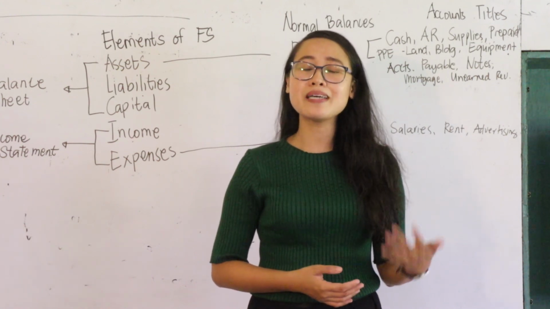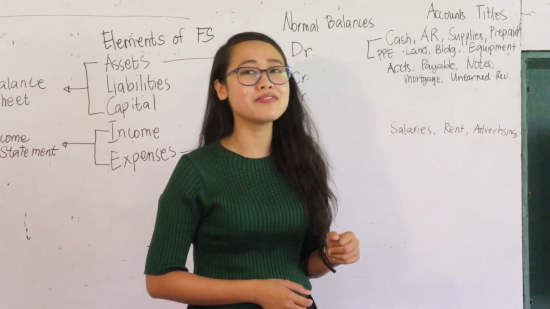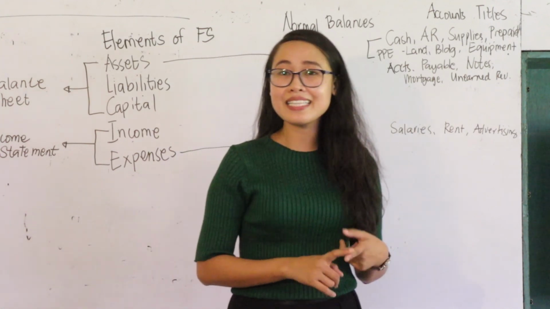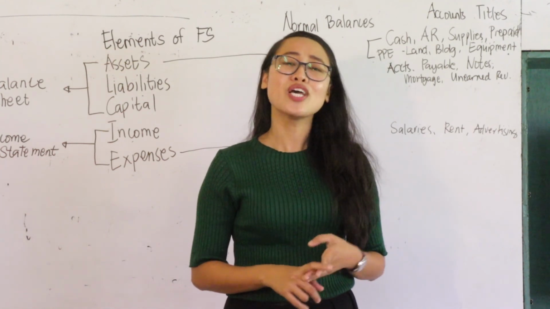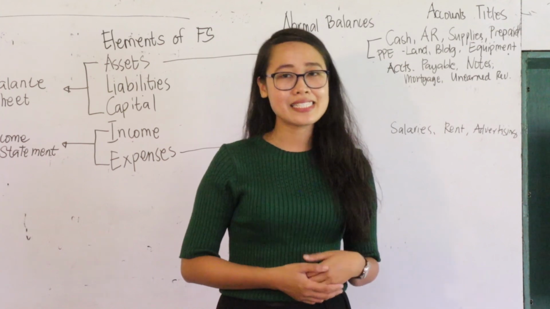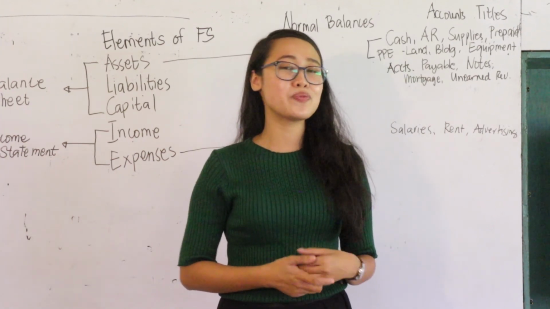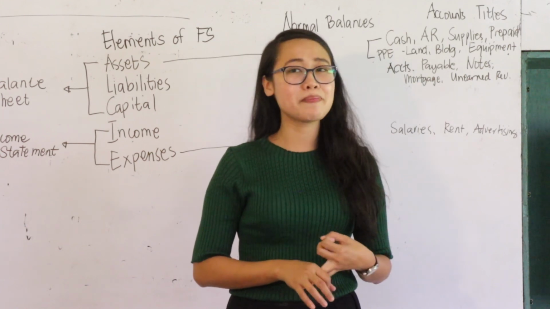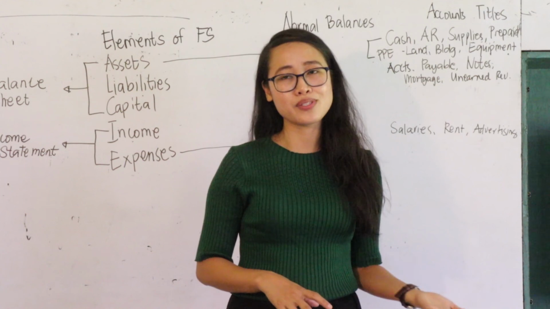And the common examples under non-current assets, or PPE, we have building, land, vehicle, equipment, furniture, and fixtures. So those are examples of assets that will have a debit balance. And then we have also liabilities. Examples of liabilities are accounts payable, mortgage payable, notes payable, and unearned revenues, and the list goes on.